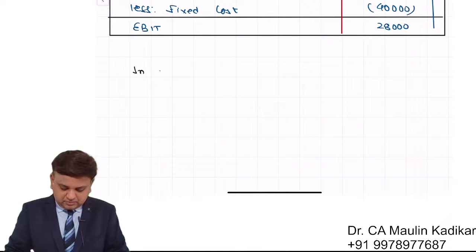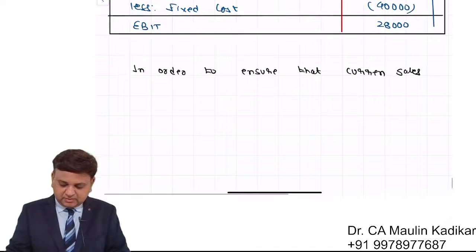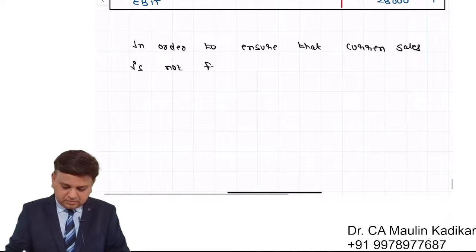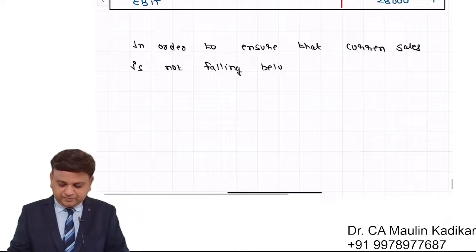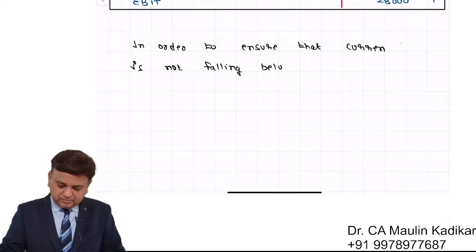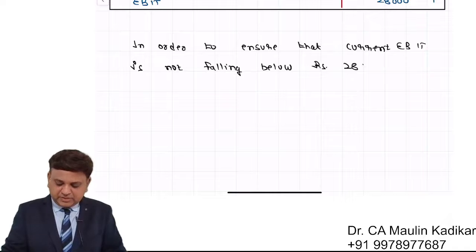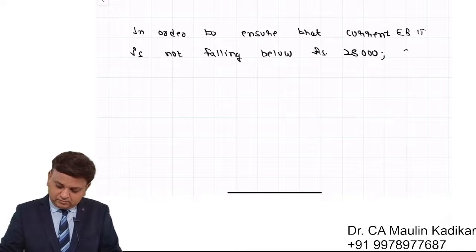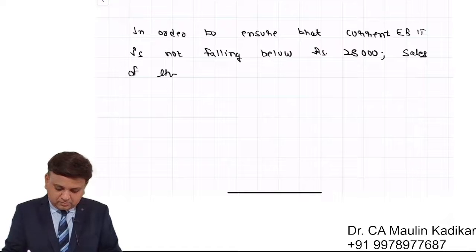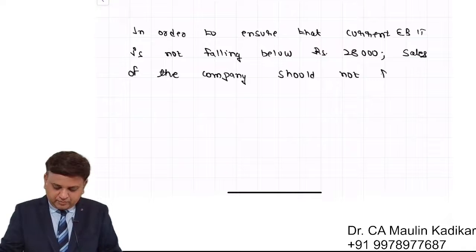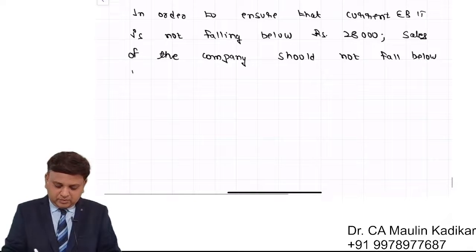Write an answer. In order to ensure that current EBIT is not falling below rupees 28,000, sales of the company should not fall below rupees 85,000, full stop.